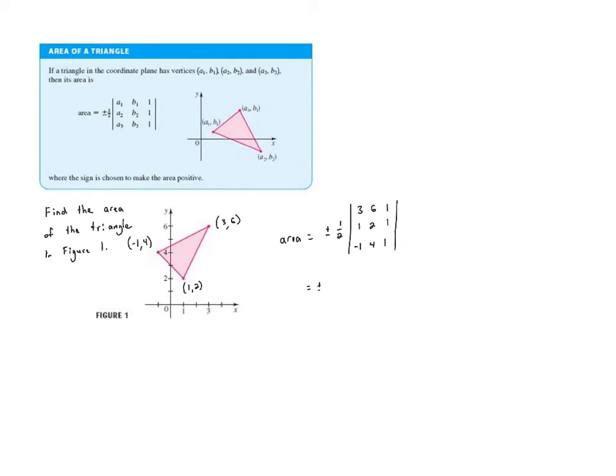So we've got plus or minus 1/2 times this whole determinant. We're going to start with the first element in the first row, and we're going to go from left to right. So we've got 3 times the determinant of the matrix that we get when we delete the row and column that the 3 is in.